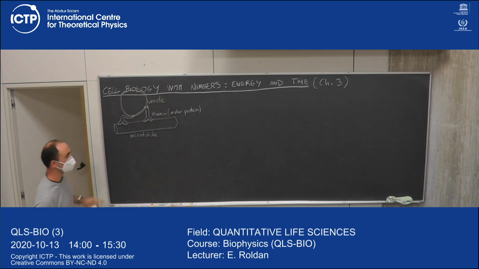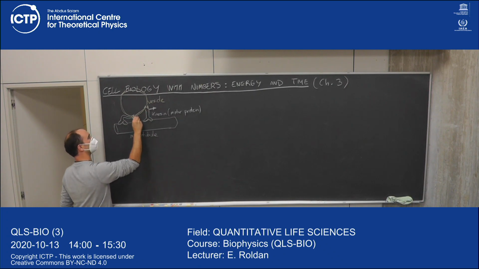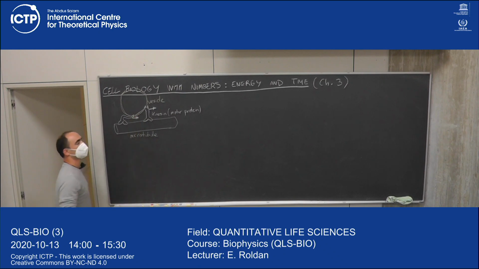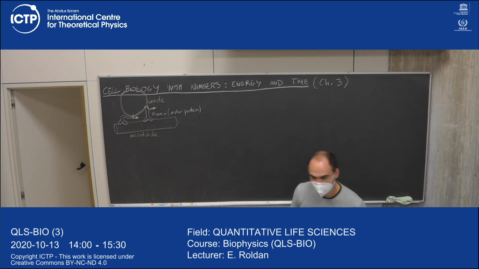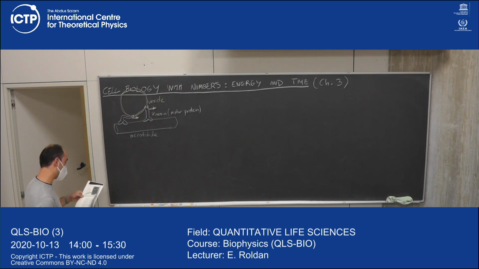And these machines, which move in a given direction, are able to transport objects that are much bigger than them. So you can think about this like an ant bringing a piece of food in the cell, and this is done by these kinesin motors. Of course, these are very small.